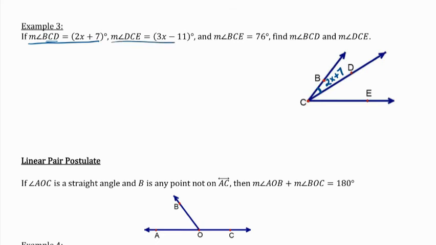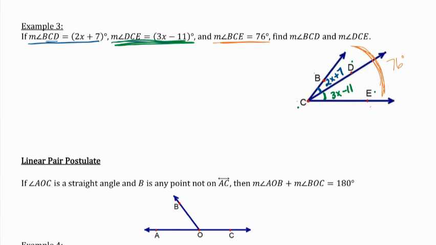Then we've got the measure of DCE, let's change colors here, is 3x minus 11. So here's DCE, so now we're looking at this angle. So that would be 3x minus 11. And then finally, it tells us that the measure of BCE is 76 degrees. Well, BCE, that's the whole thing. So the measure of this entire angle is 76 degrees, right?